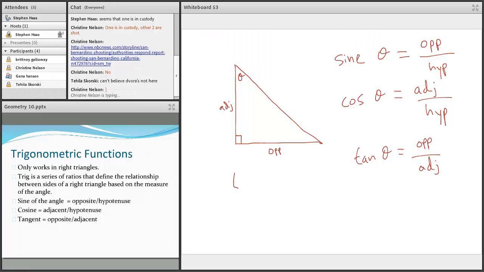And of course, the hypotenuse is always the side that is across from the right angle. So, for example, let us say that the hypotenuse in this case was 5. The opposite side was 4, and the adjacent side is 3.